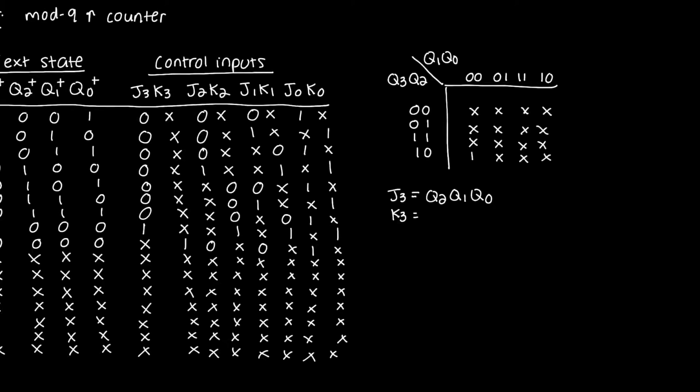So how can I simplify this? Well, that's pretty simple. I just say that K3 is equal to 1.